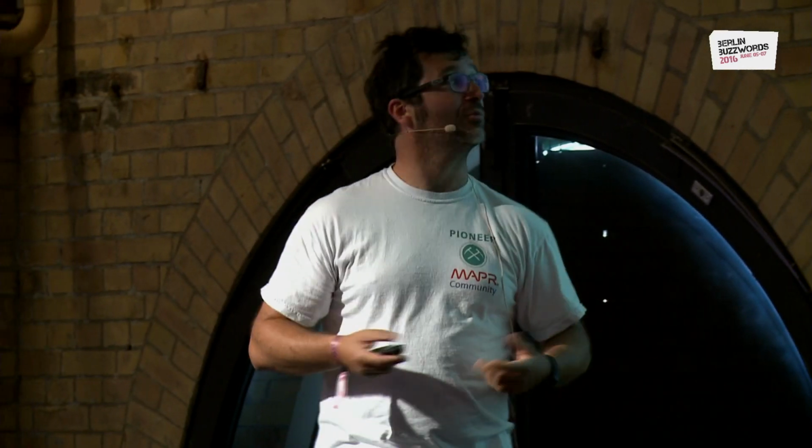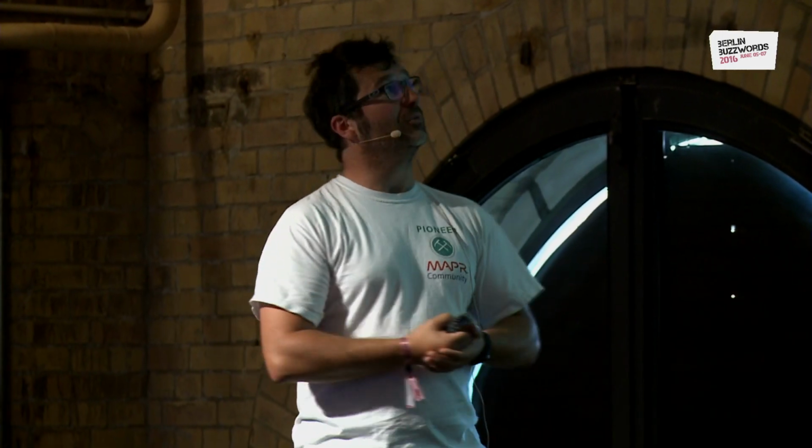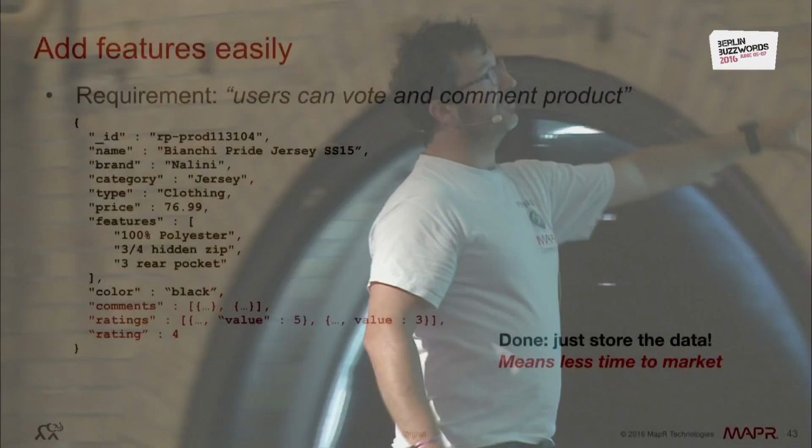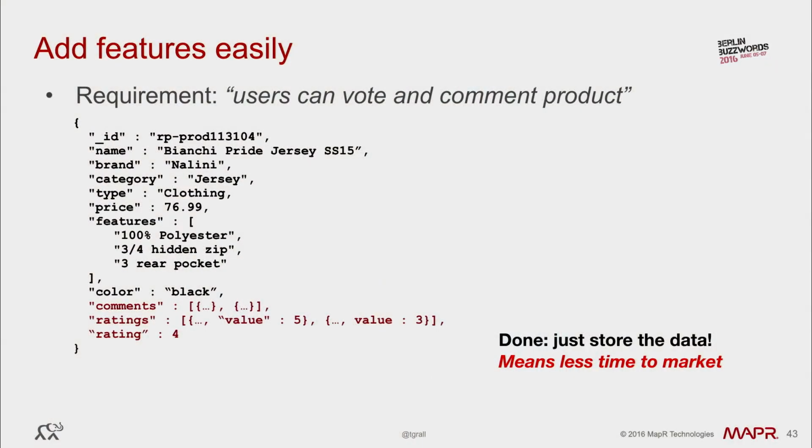So for example, if marketing comes with, now I want to be able to add comments and rating to any of the products, you don't need to change all the rows, you don't need to change all the documents, you just add the feature in your front end and store the information as new attributes.